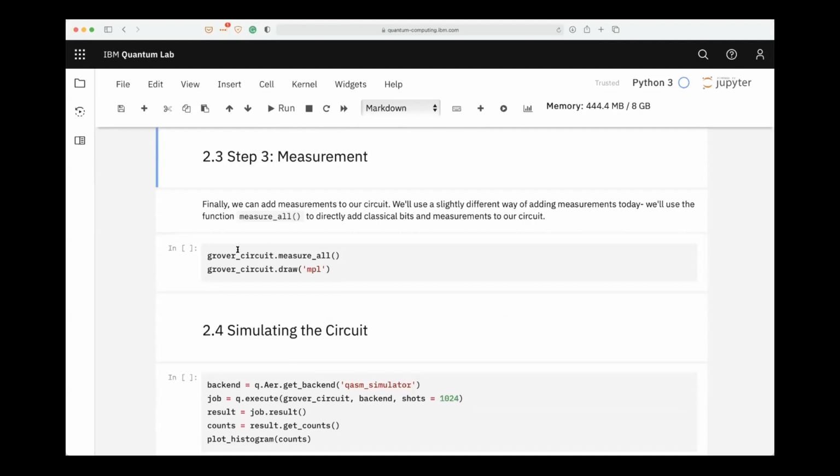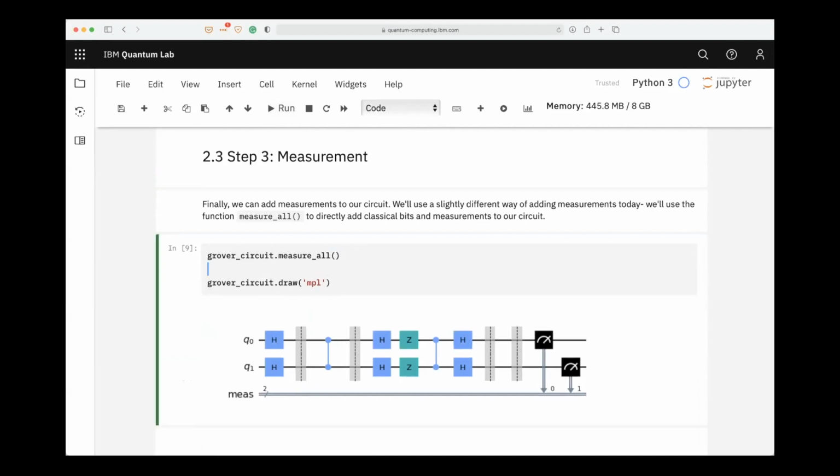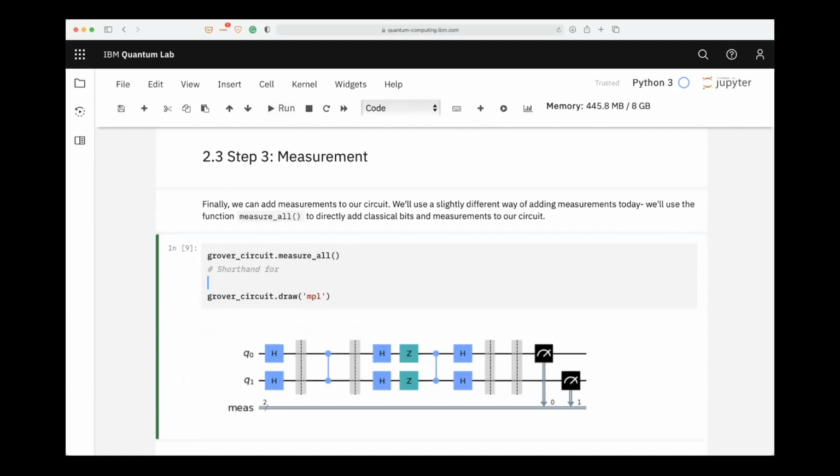Now, usually we used circuit name.measure. There is a shorthand if you just want to measure all your qubits, you can do measure all. And so that's what we'll use here. And you should see that if I now draw the circuit, indeed, it has added some measurements for us. So this is just a shorthand for Grover circuit dot measure. And then remember, you tell it the quantum bit that you're going to measure and the classical bit that you want to store the measurement on.